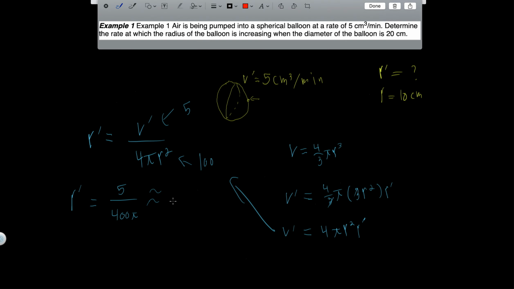Then there's a factor of 100 on the bottom, so we divide 0.4 by 100, so it's 0.004, I believe. So around there. This is not exact, but you can just plug this into your calculator to get a more exact answer. But the rate of increase of the radius at r equals 10 centimeters, given the pumping air is 5 centimeters cubed per minute, is 5 over 400 pi centimeters per minute.